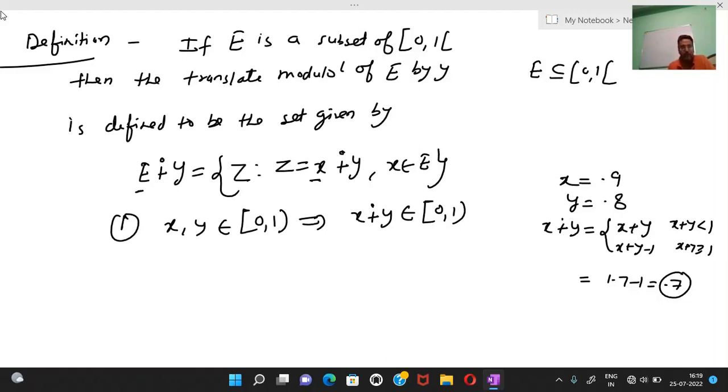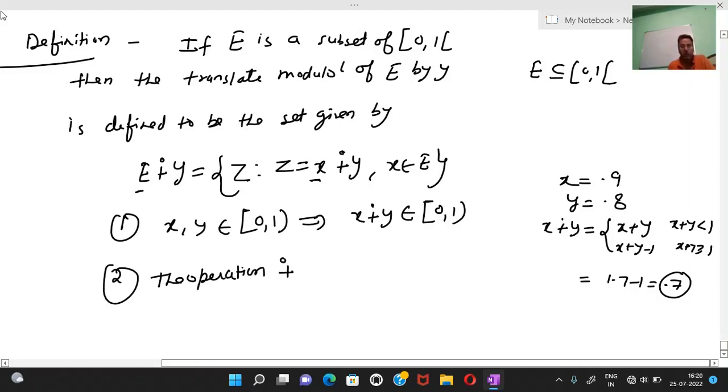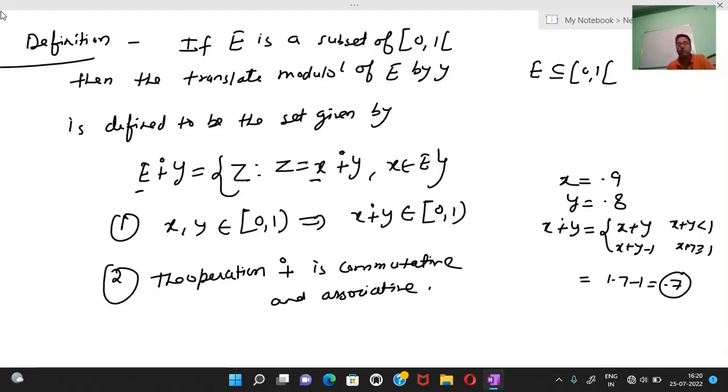Okay, and the second property is that the operation plus dot is commutative and associative. This is another important property. The operation plus dot is commutative as well as associative.